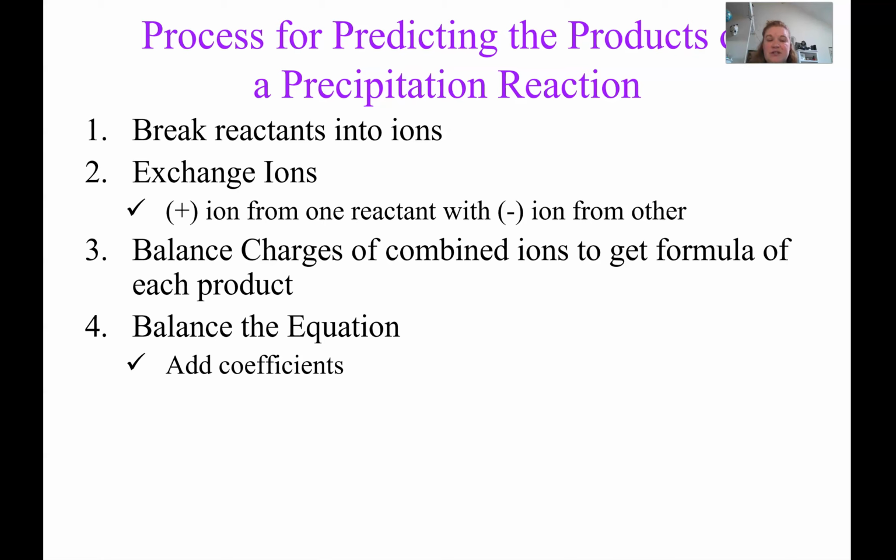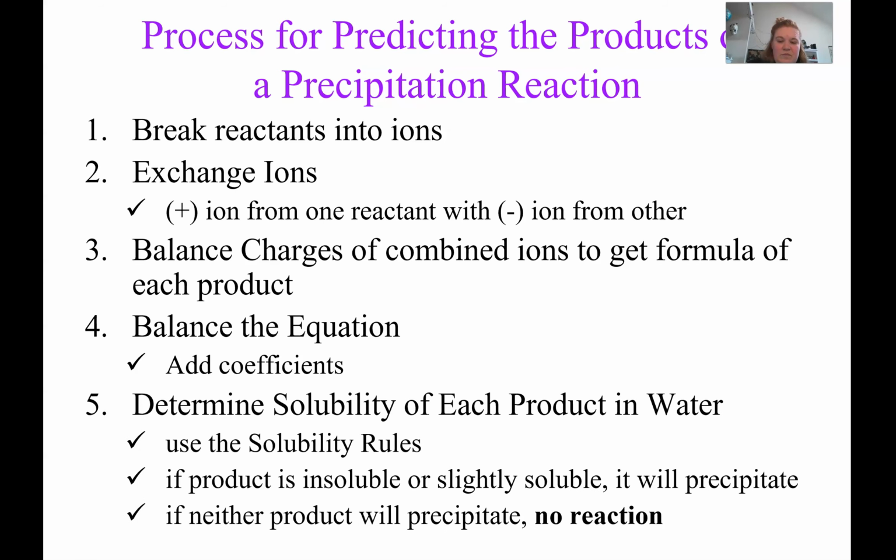We can't change the subscripts here because the subscripts were used to balance out those charges, so we don't want to mess up the charge balance. And then last, we fill in the state for each of our chemicals: solid, liquid, gas, or aqueous. If we ended up with all aqueous and started with all aqueous, then there's no reaction.